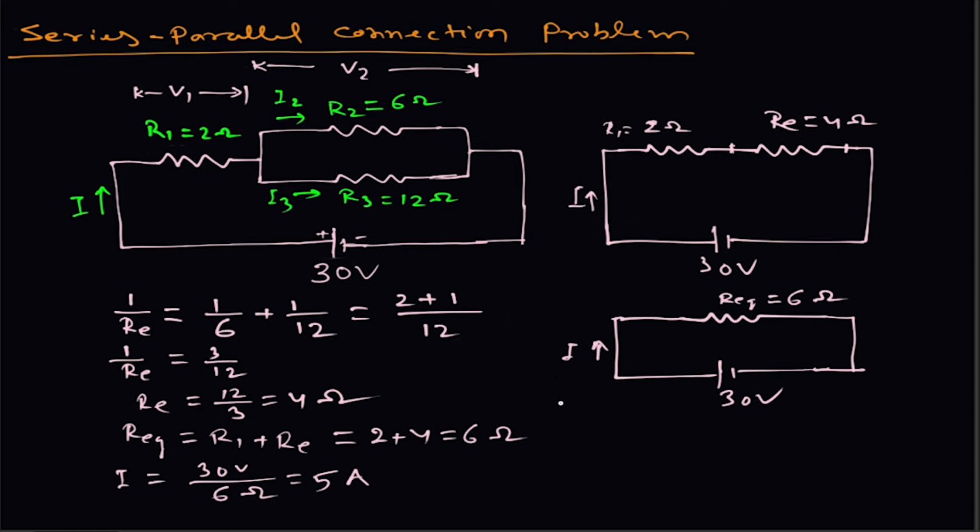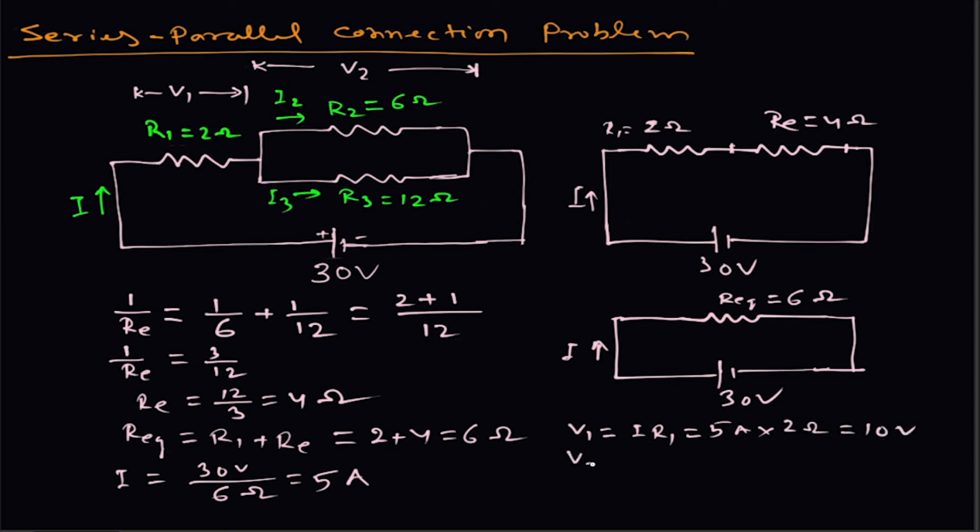How much will be V1? V1 is equal to the current flowing through R1, I into R1. Simple Ohm's law: I into R1, that is 5 ampere into R1, which is 2 ohm. So this is 10 volts.